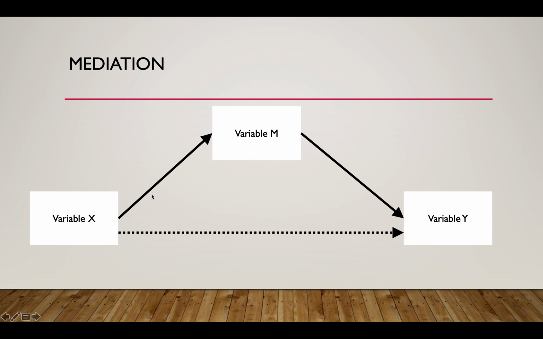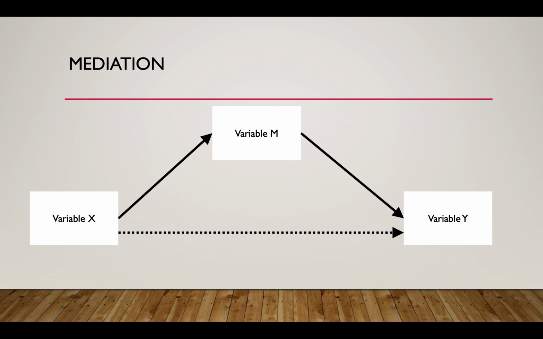First you're testing path A, then path B, then just path C, and when you add all three of them into the model, you're testing what they call path C prime to see if there's a reduction in C. And if there's a reduction, then you say that you have what's called partial mediation.